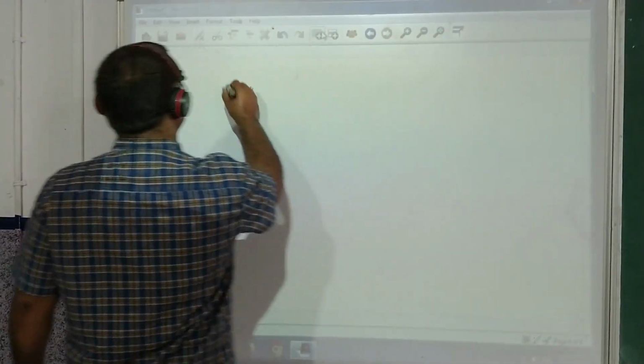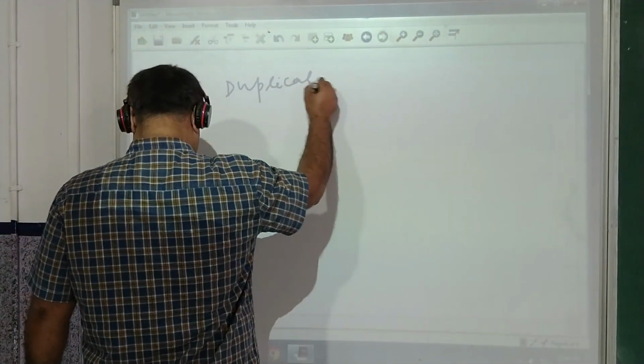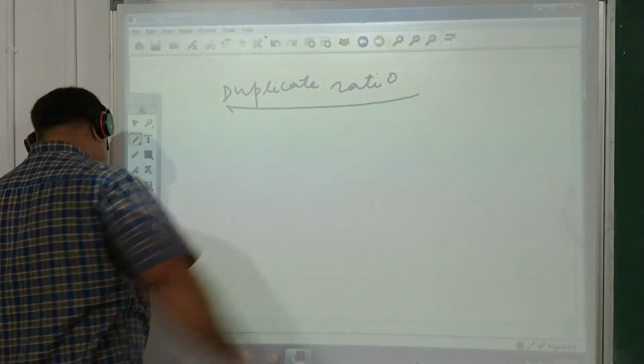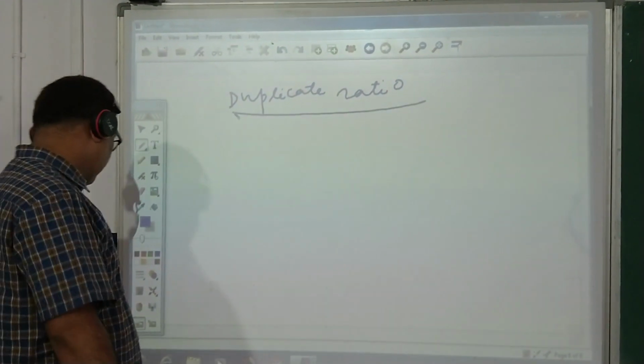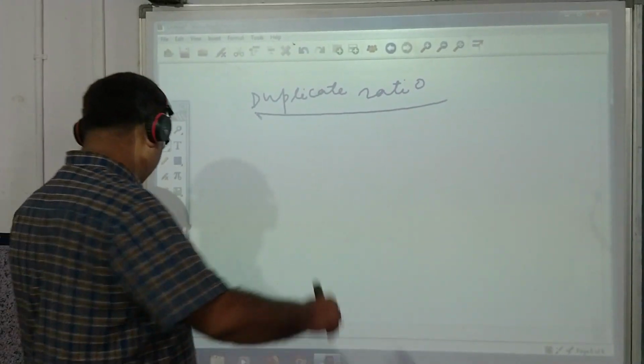The second one is the duplicate ratio. It is the compound ratio of two equal ratios.